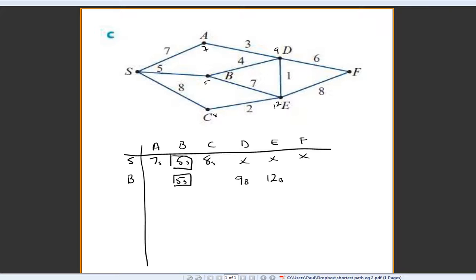But again, what Dijkstra does is just brute force all the possible methods of getting to F. So this is just one it's going to try out and see whether it can work or not.